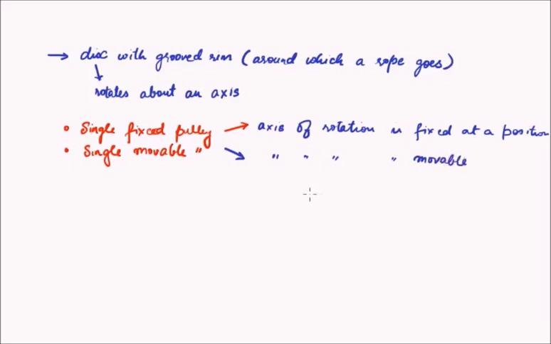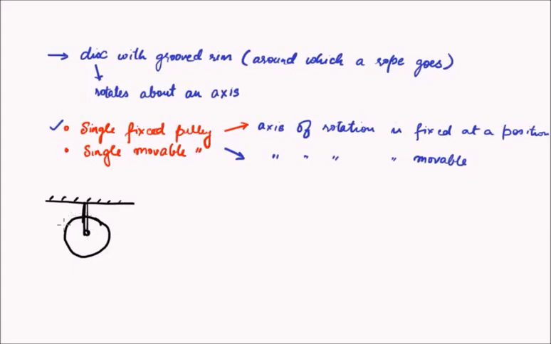Now let us see with the example of a figure what this implies. I will begin with single fixed pulley. In the single fixed pulley, the concept is that you have a rigid support here, and through this rigid support hangs a pulley, that is the disc, via a rod, and this position, the center, is the axis.